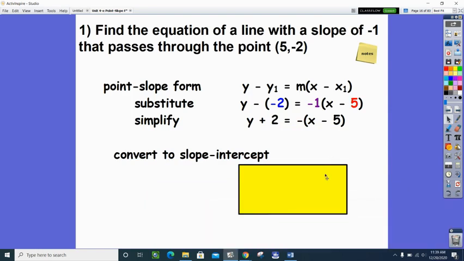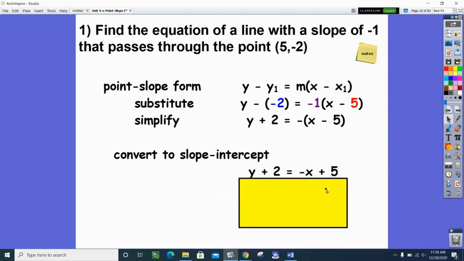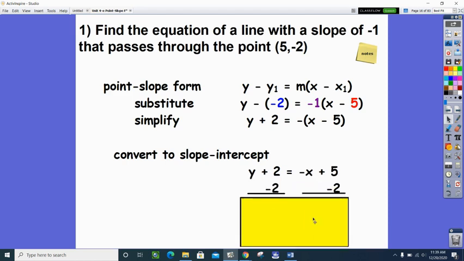And there we go. And then we're going to subtract the 2, and voila, there is our slope-intercept form, y equals mx plus b. So here would be the cleaned up point-slope form, and here would be the slope-intercept form.